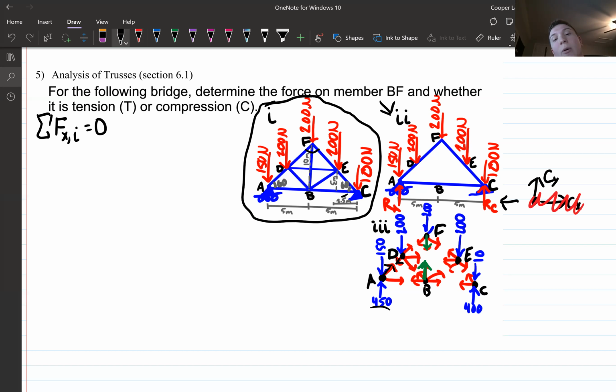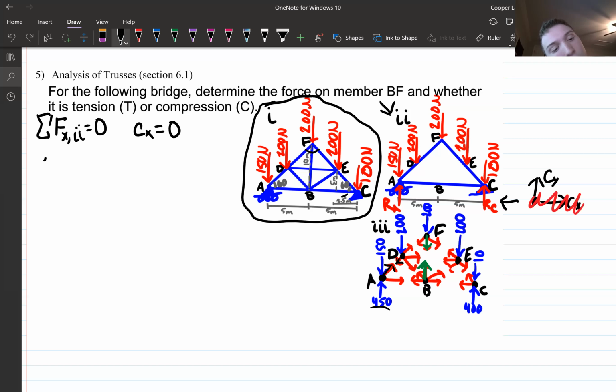This equals 0. Sorry, I meant II on this one. If you look at this, you'll notice that there is nothing in the X direction. However, the C sub X would be. So that tells me that C sub X equals 0, which is why we can ignore it and focus on C sub Y, and that's why R sub C is required to be vertical.